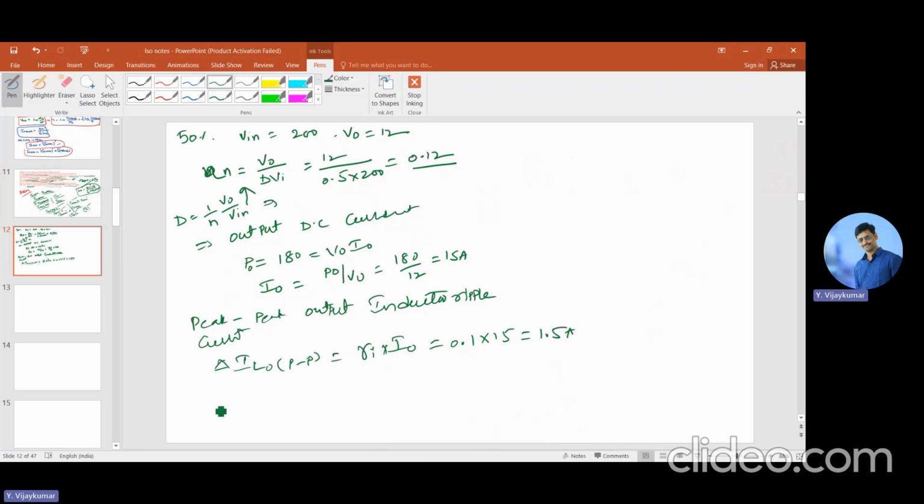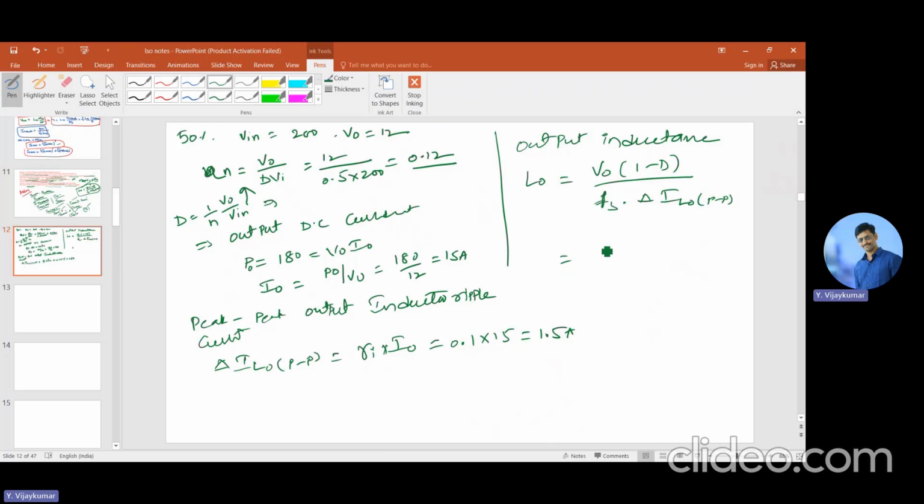Now the output inductance. Finally, the first question answer. Output inductance L naught is equal to V naught into 1 minus D, divided by switching frequency into delta IL naught peak to peak. Okay, now substitute all these values. Output voltage given is 12. 1 minus D is 0.5.